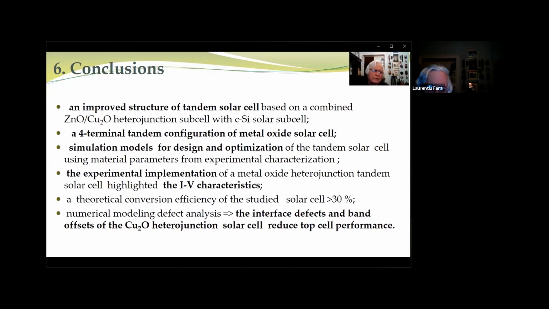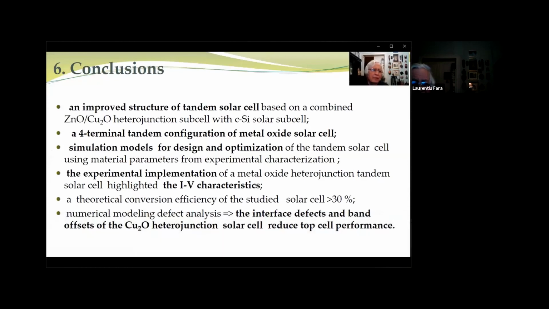The main conclusions could be considered as follows: an improved structure of tandem solar cells based on a combined zinc oxide, copper oxide heterojunction subcell with silicon solar subcell is obtained.